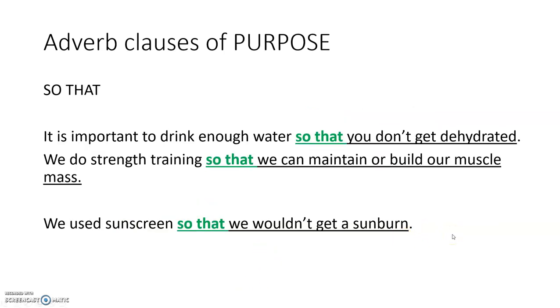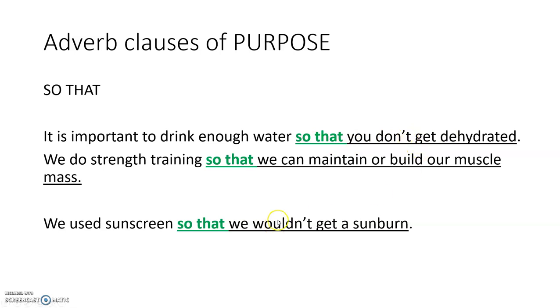Next is purpose. Why does an action happen? The subordinator we're going to use is so that. It's important to drink enough water so that you don't get dehydrated. So if we ask the question, why is it important to drink enough water? The purpose is to not get dehydrated, right? So that introduces the purpose.